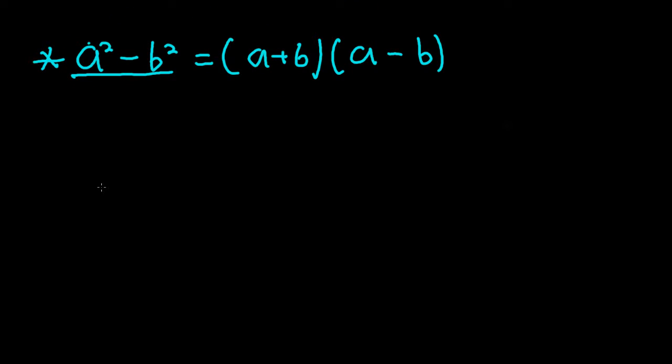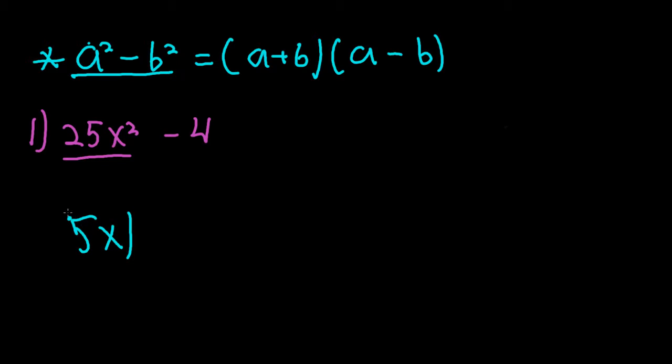So, let's get started. Our first problem is going to be 25x squared minus 4. All your problems are going to be written in this form, a squared minus b squared. Just by looking at our first term, 25x squared, I will note that this is also equivalent to (5x) squared.